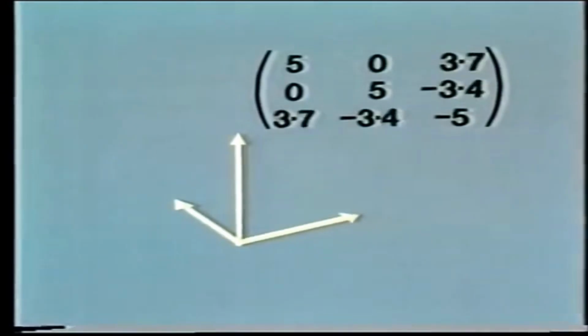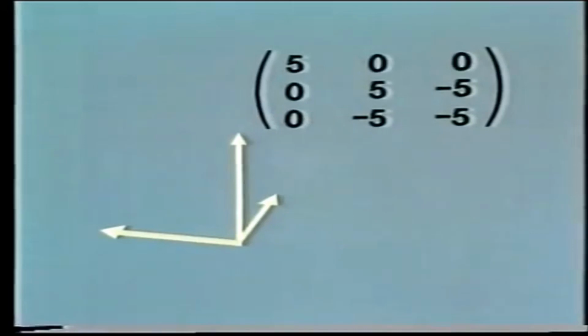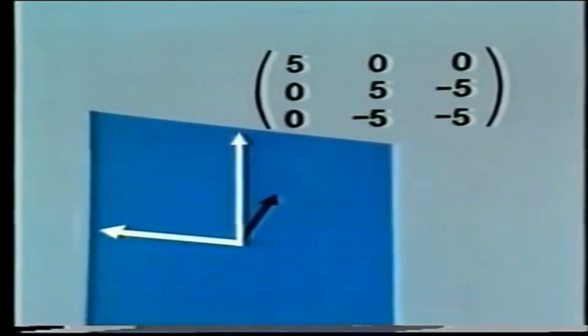This is how we started, by finding one eigenvector. Now keep this eigenvector fixed, and what's left is a plane containing the other 2 basis vectors. If we just think about that plane, then the transformation is represented by this 2 by 2 matrix.